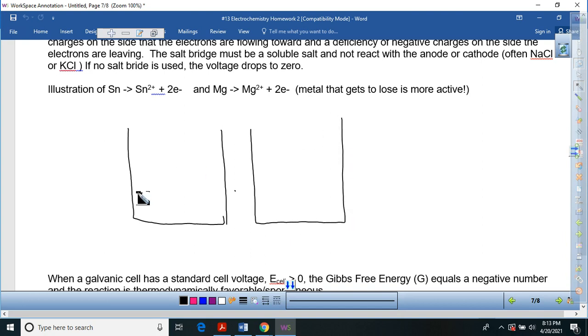And on the left side, I have a solution. And when I have the tin, when I look at my table for my reduction potentials, I can see that the tin plus 2 has a reduction potential of negative 0.14.